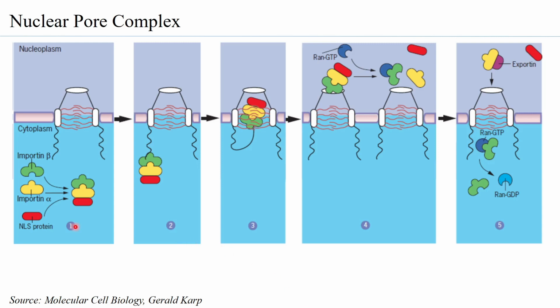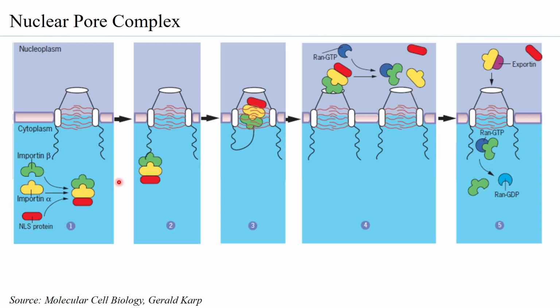So one of the first things that was understood is that a cargo protein, whether it has to be imported or whether it has to be exported, has a stretch of amino acids at its C terminus. We know that proteins have an N terminus and a C terminus.